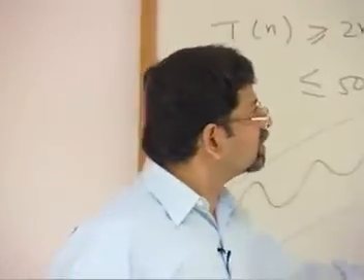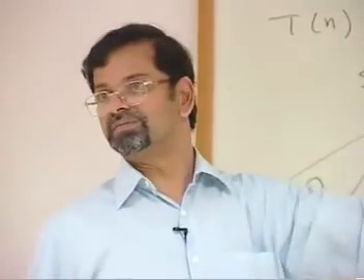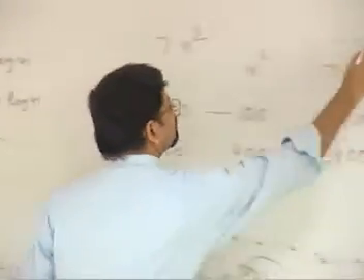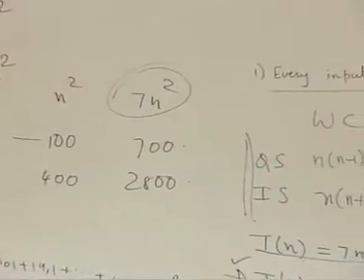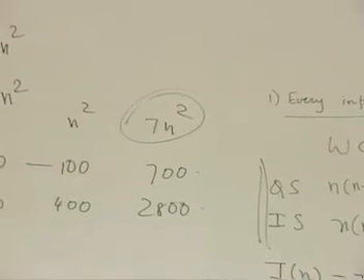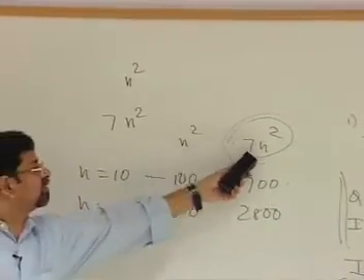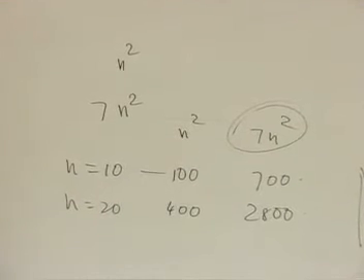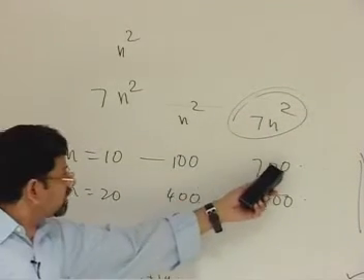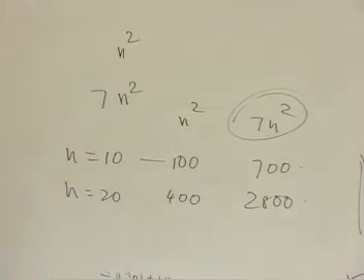So the growth rate is roughly of this order. When you double n, that becomes quadrupled. It is quadratic growth rate. The exact function may be something like this, doesn't matter. N square gives you the idea of the growth rate, and 7n square is also going to have the same growth rate. The exact value may be different. Here 700 could have become 2800.